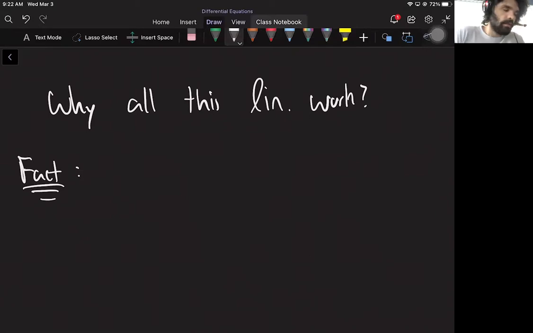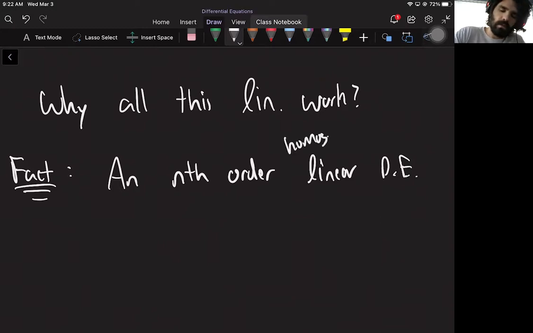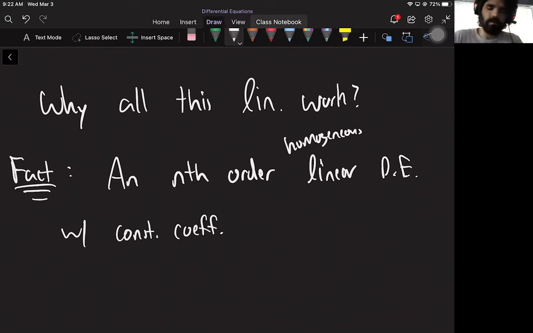But here it is. If you have an nth order, remember that means that there's n derivatives, linear, homogeneous differential equation. I guess I forgot homogeneous too. That just means there's 0 on the right, with constant coefficients. Remember, these are the types of differential equations we're trying to figure out right now.